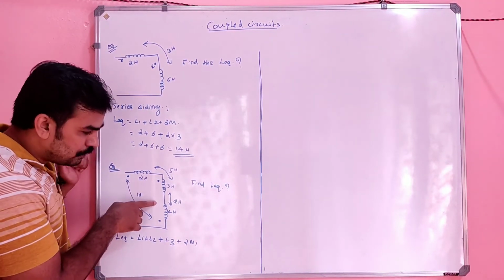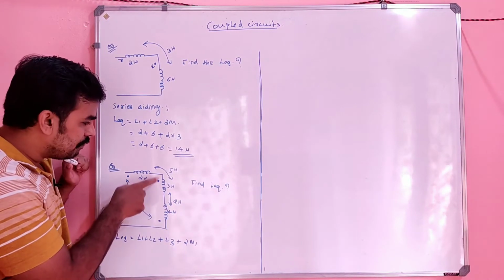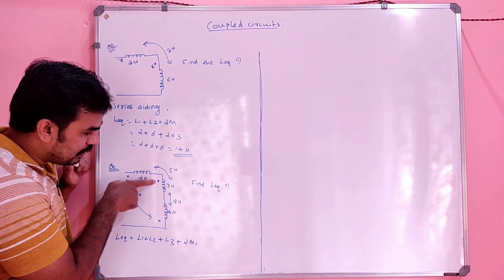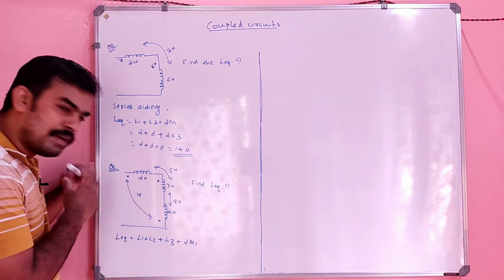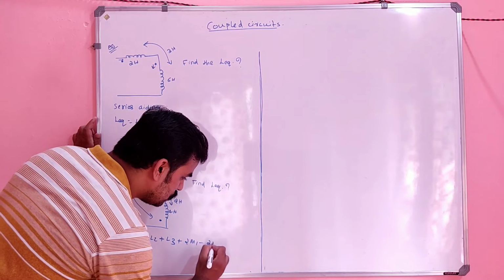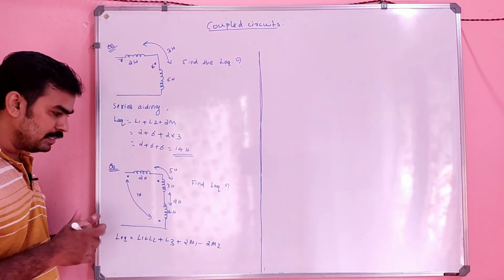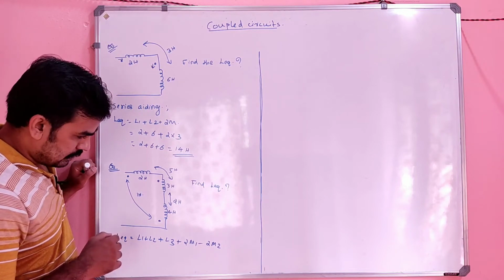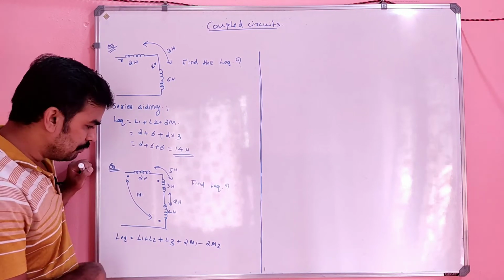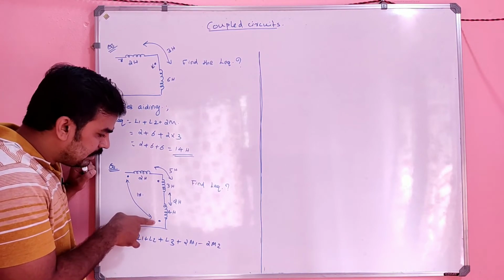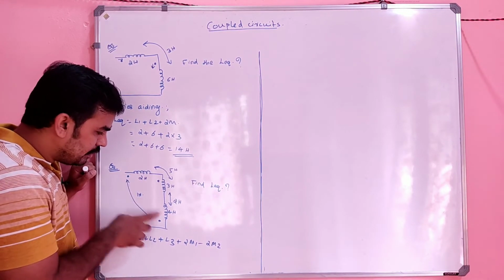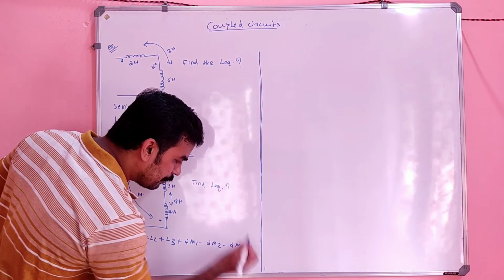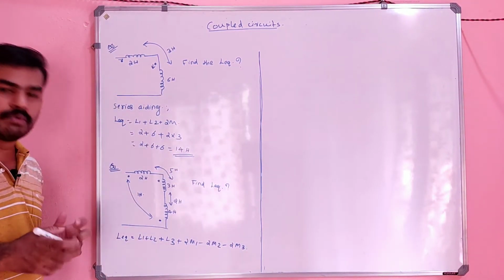For M2, the current direction in the circuit is opposite, so there will be minus 2M2. And between 1 and 3 also it is opposite, so it will be minus 2M3.